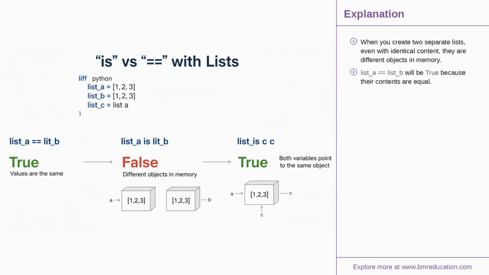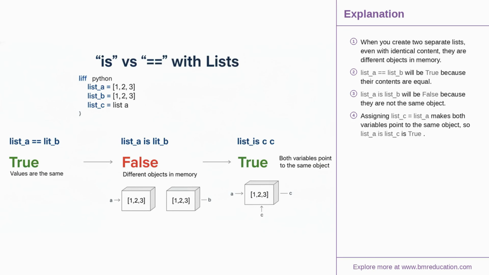Let's see this crucial difference with an example using lists. If we create two separate lists that happen to contain the same elements, the equals operator will say they are equal. But because they are two distinct objects in memory, the is operator will say they are not identical. This is a critical concept for avoiding subtle bugs.